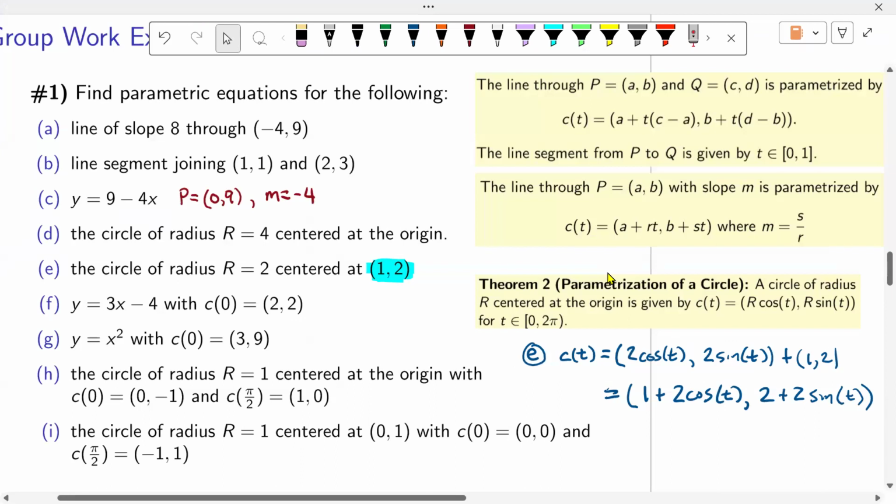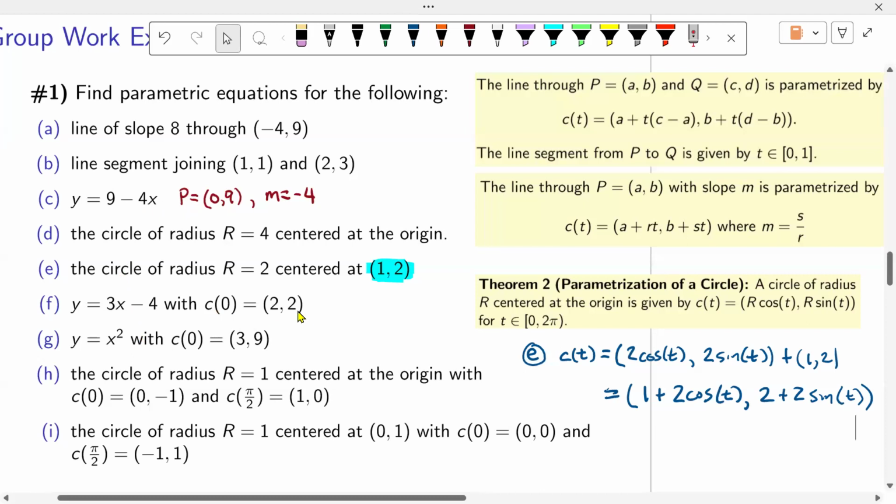All right, part F. Part F is kind of similar to part C, isn't it? Very similar. But it throws in a little bit more into it, doesn't it? It says, I want C of 0 to be 2, 2.